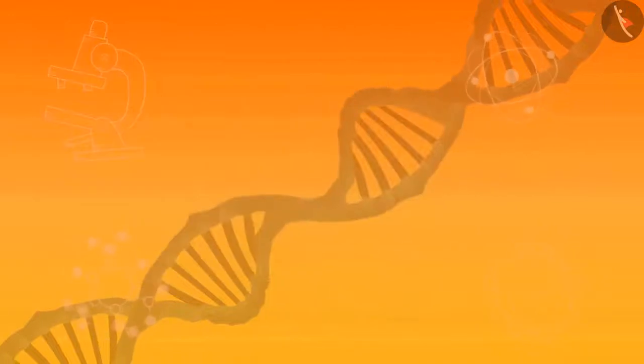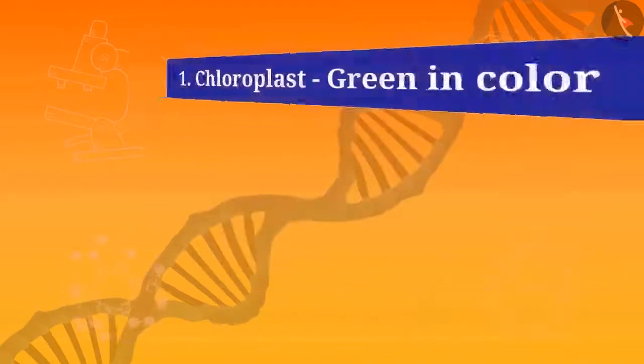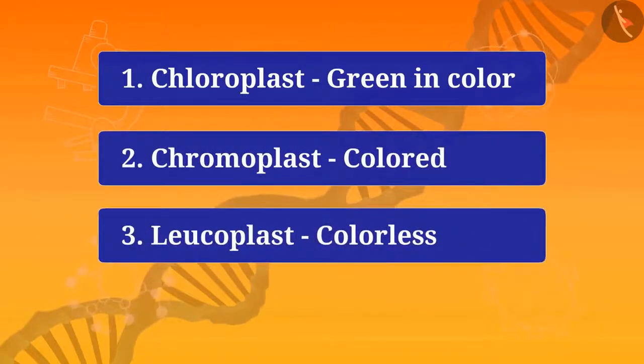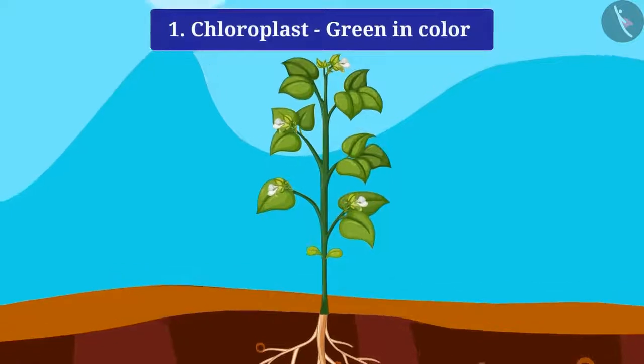Now we will know about plastids, the next cell organelle. Do you know, guys, plastids are present only in plant cells? There are three types of plastid: chloroplast, chromoplast, and leucoplast. Chloroplast is green in color, chromoplast is colored, and leucoplast is colorless. Let's know about them. First is chloroplast.